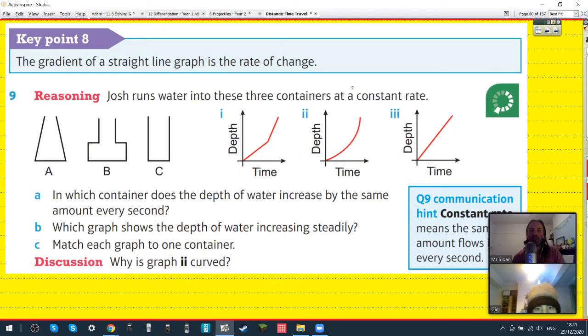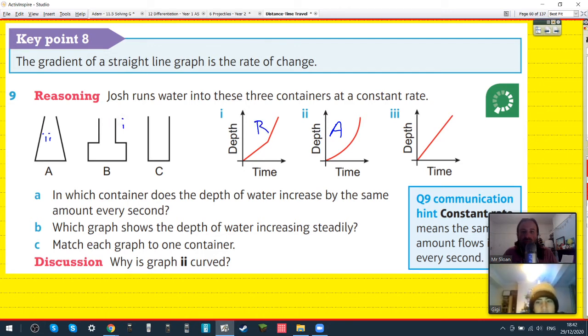Okay, you can match these up, or you can answer the questions, whichever you prefer. All right, let's just match them up. A would be 2. Yep. B would be 1. Yep.